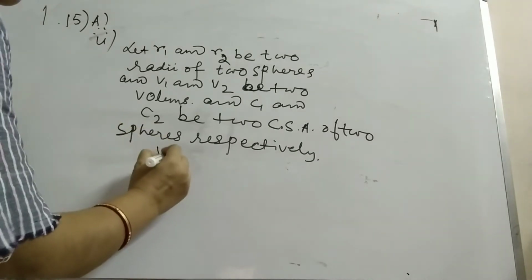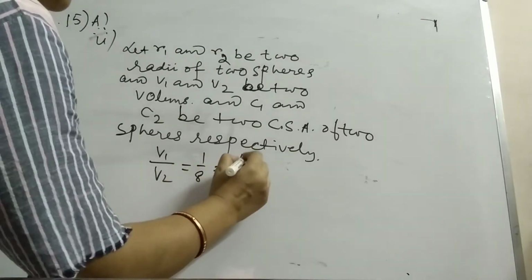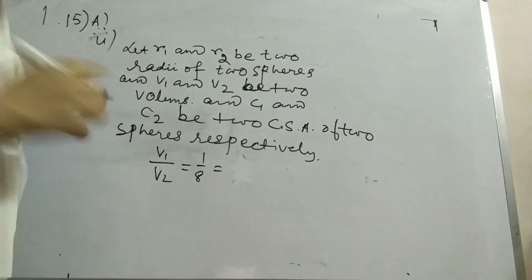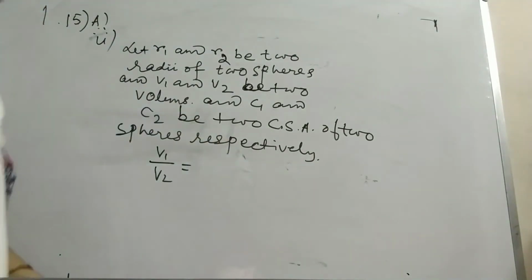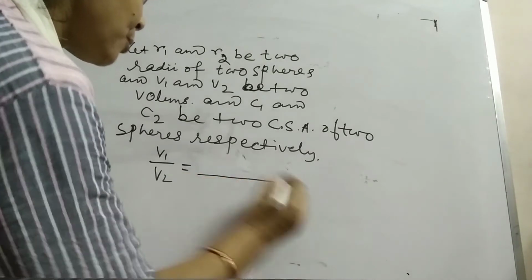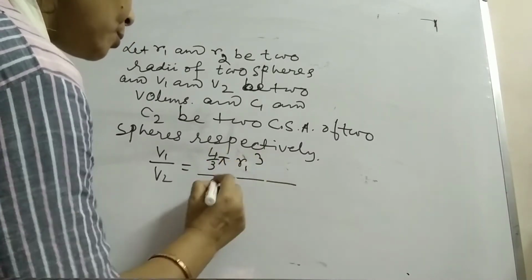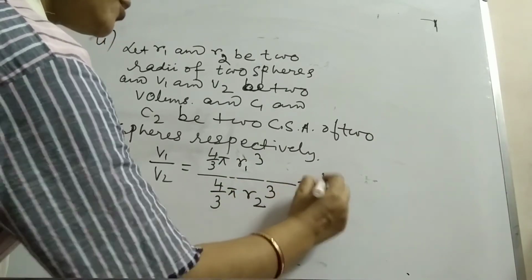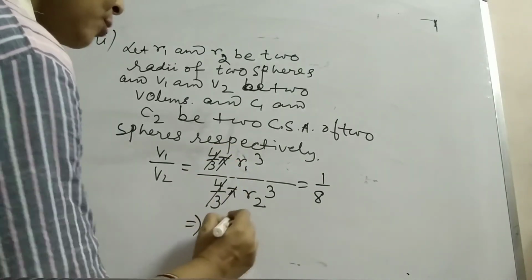I have V1 by V2 equal to 1 by 8. V1 by V2 equal to 4 by 3 pi R1 cube by 4 by 3 pi R2 cube equal to 1 by 8. The 4 by 3 cancels out.